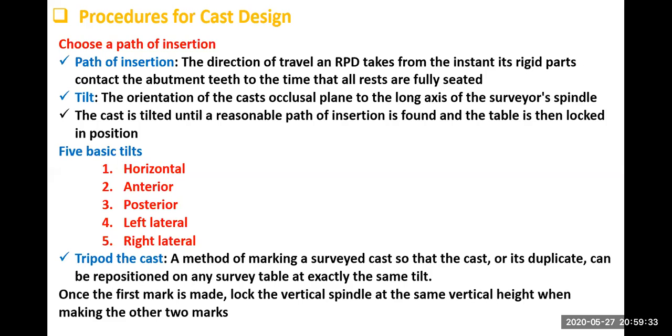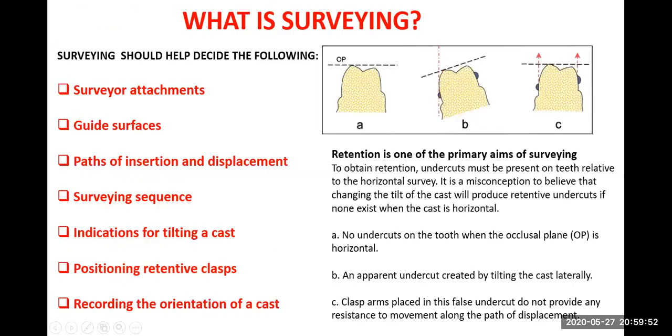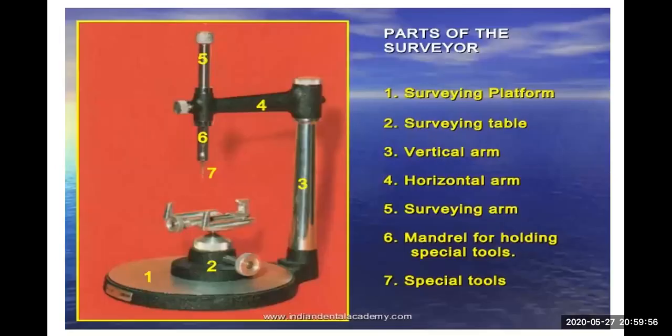Of course, we have the tripod, and I was showing you on the surveyor when I was showing you then. Let me try to go back there so you can see what I mean. Okay, I believe you can see this.